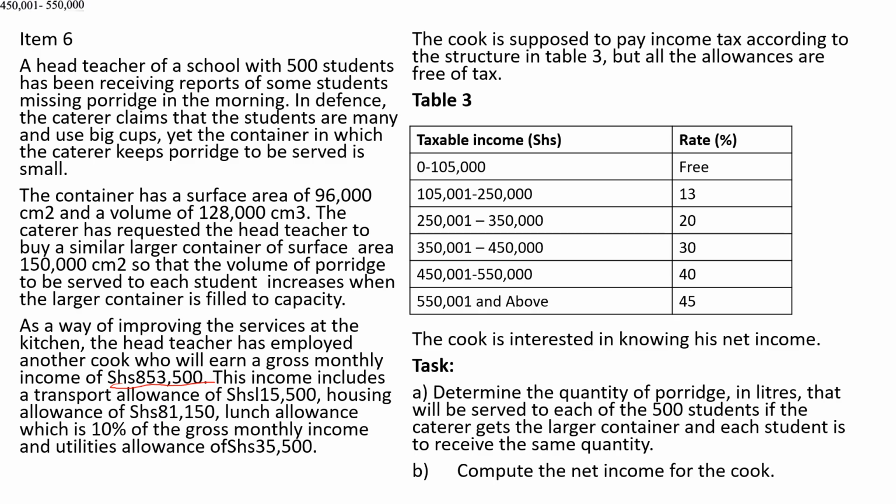The cook is supposed to pay income tax according to the structure in the table given, but all allowances are free of tax.